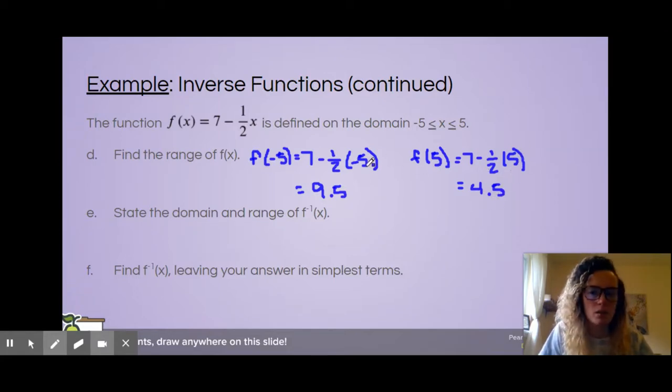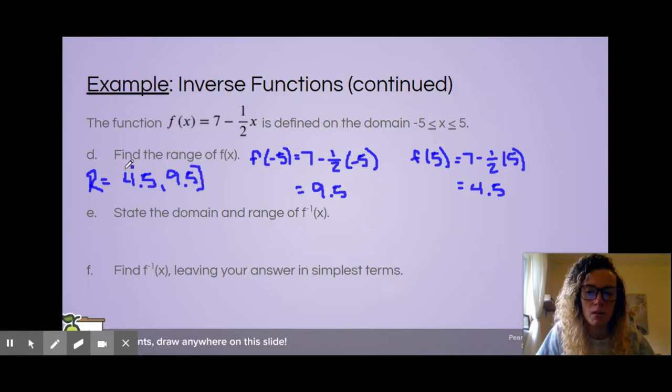Just because I went in order with my domain doesn't mean my range would be 9.5 to 4.5. Remember, both domain and range, when you state them, have to go from smallest to greatest. So my range would go, in interval notation, from 4.5 to 9.5.